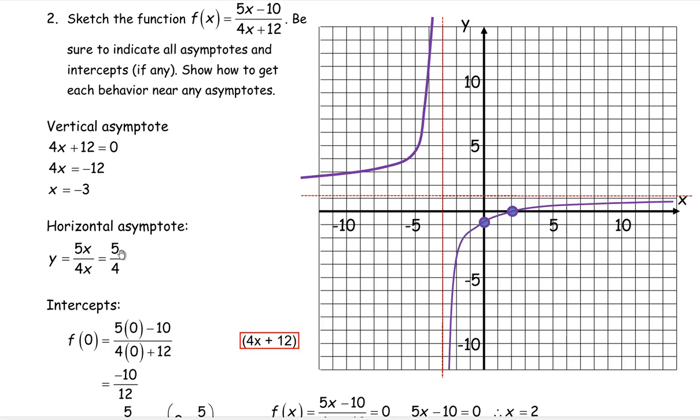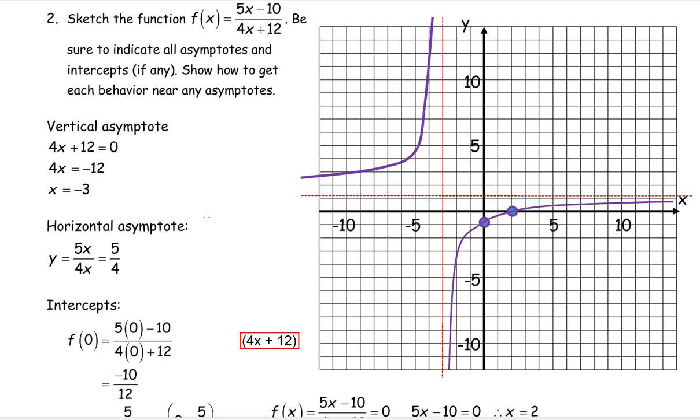For the horizontal asymptote, the negative 10 and 12 become insignificant in what they contribute to the function if x is really big. Again, think of x as 100,000 or a million. 4 times 100,000 and then plus 12 isn't much different than 4 times 100,000. Okay, so we drop the negative 10 and 12. Remember, it's just the dominant term in x in the numerator divided by the dominant term in the denominator, which is 5x over 4x.